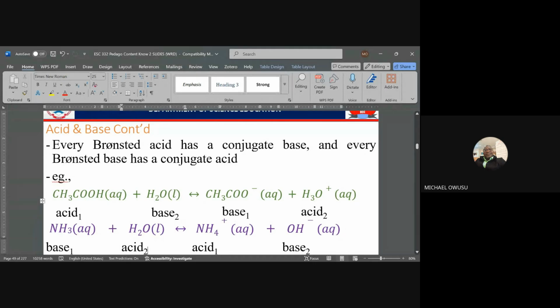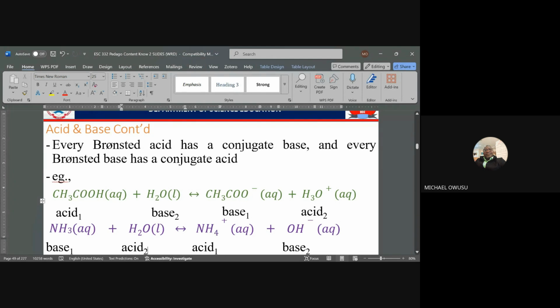So if you look at the equation, you realize that the CH3COOH, that's the ethanoic acid here, is donating, or has donated, the H. And at the end of the day, it has become CH3COO without the H. Have you seen that one? The CH3COOH has given out the H, and it has eventually become CH3COO minus.